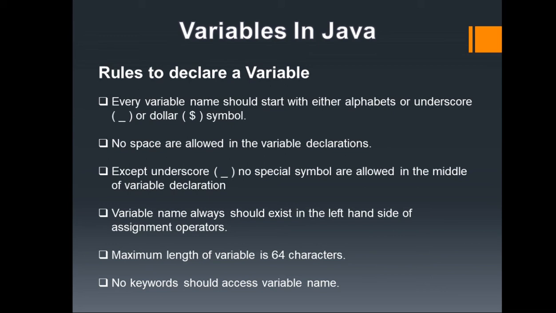No special symbol is allowed in the middle of the variable declaration. Variable name should always exist on the left-hand side of the assignment operator. Maximum length of the variable is 64 characters. No keyword should be used as a variable name. So these are the rules for declaring variables.